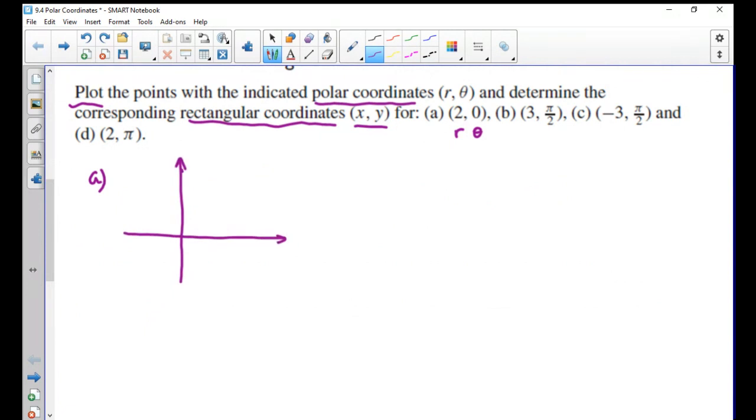In A, what is the value of r? 2. What is the value of theta? 0. So where is the point which has r equal to 2 and theta equal to 0? Theta equals 0, that means we are on the x-axis. And r is 2, that means we are here. That is the point A.